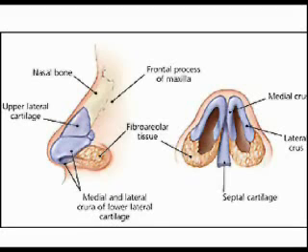Correction of these deformities occurs by exposing and reshaping the cartilage structures, which may include rebuilding the tip with cartilage grafts usually taken from the nasal septum. This is completed through an external rhinoplasty approach, which utilizes a small, almost invisible incision on the columella.